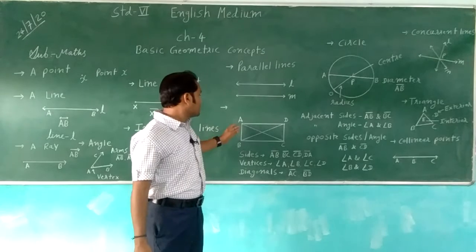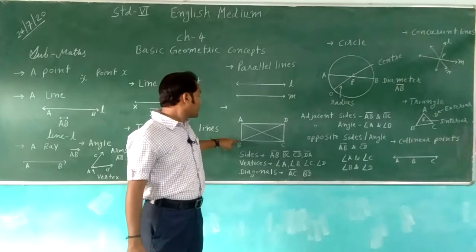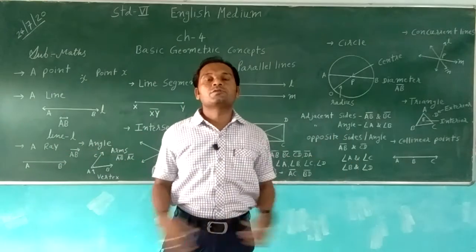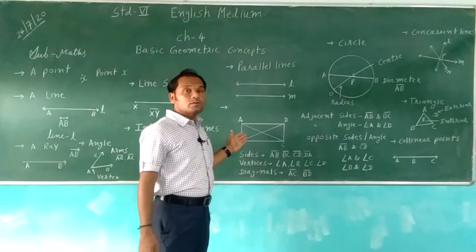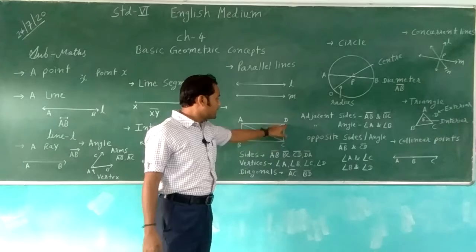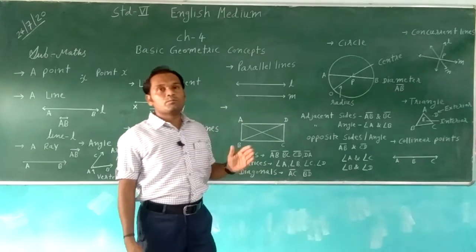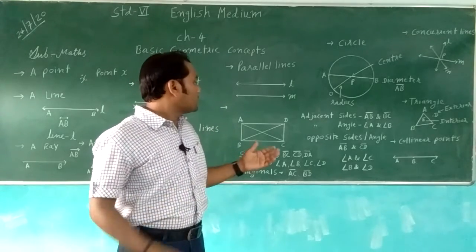In a rectangle there are two pairs of opposite lines: AB and CD, and the other AD and BC. Both pairs are called opposite lines.